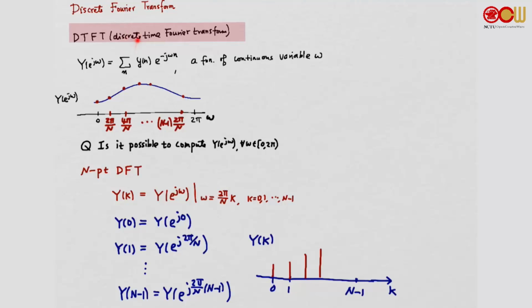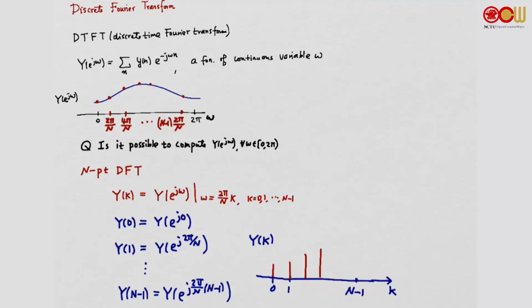So this discrete means discrete time. But in discrete Fourier transform, this discrete means that it's discrete in frequency. Both of them have discrete in the name, but the meaning is a little bit different.